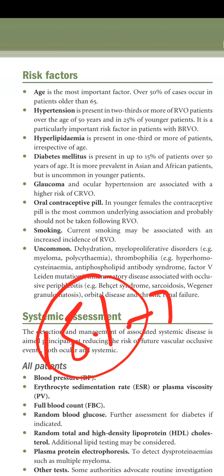Glaucoma and ocular hypertension are associated with a high risk of CRVO. Oral contraceptive pill in younger females is the most common underlying association and probably should not be taken following RVO. Current smoking may be associated with an increased incidence of RVO.